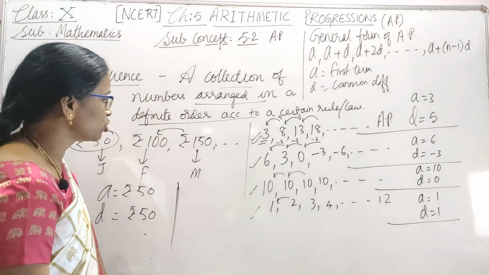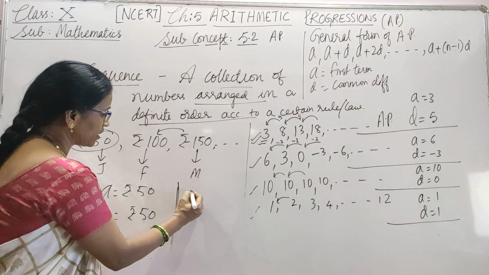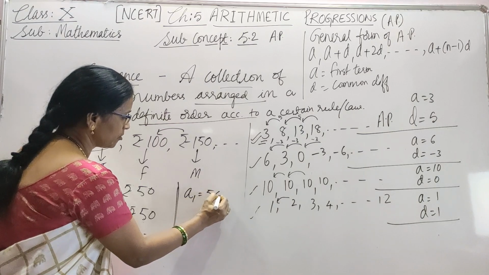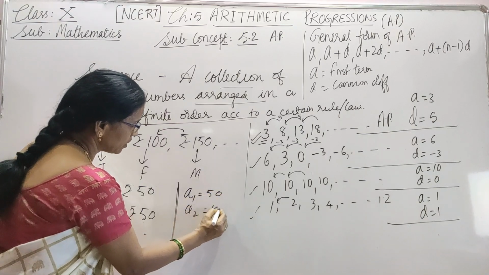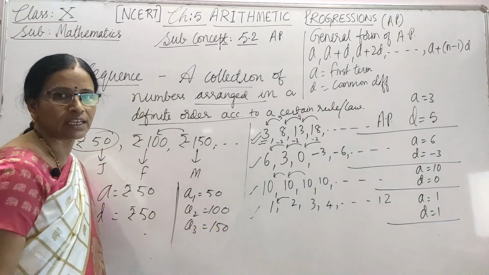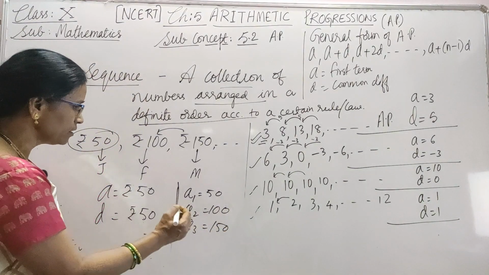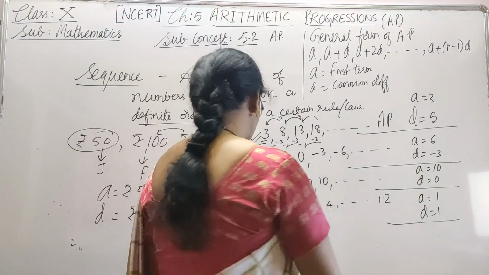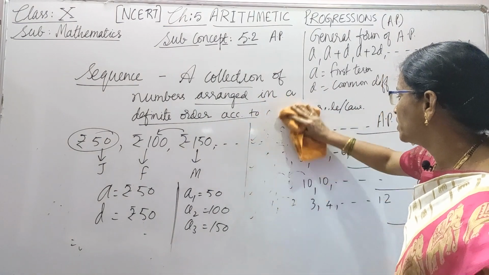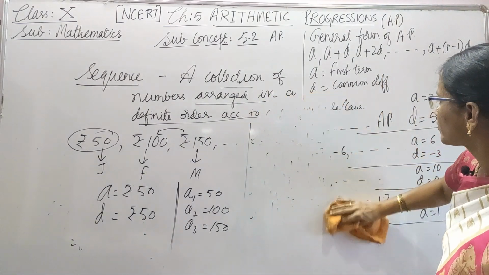And one more thing you should remember here is, if I call the first term A1 as 50, A2 as 100, A3 as 150, like this, then one thing you can observe is the common difference.